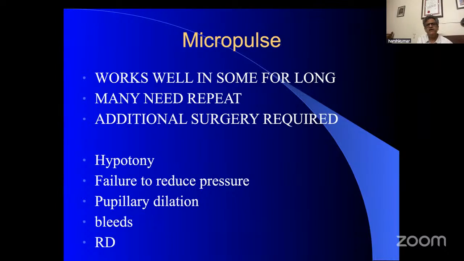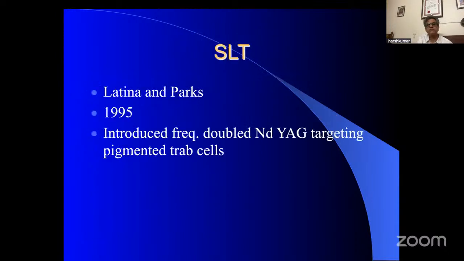It works well in some for a long time, but many need repeat. Additional surgery may be required, and you have to explain to the patient you can have hypotony, failure to reduce pressure, pupillary dilatation, bleeds, and RDs, all seen by us in micropulse laser.